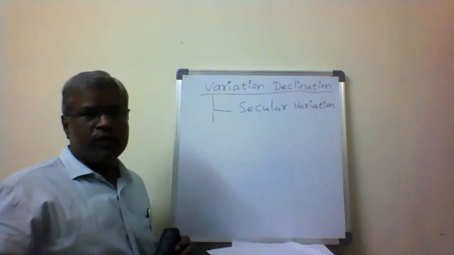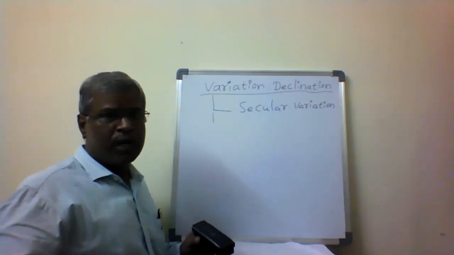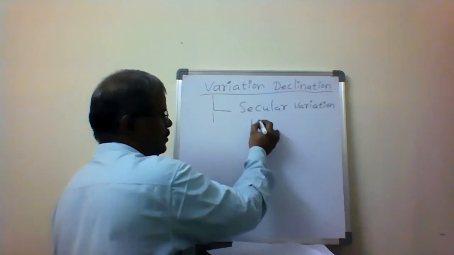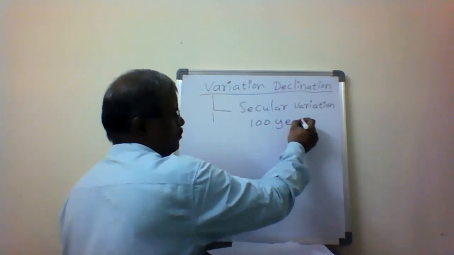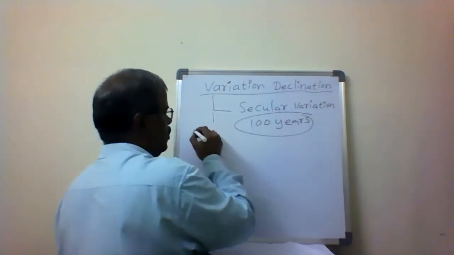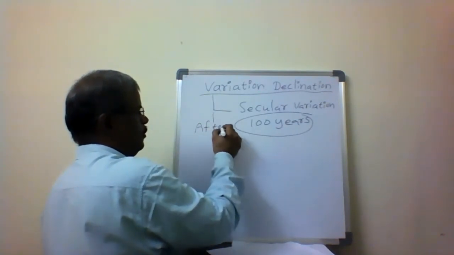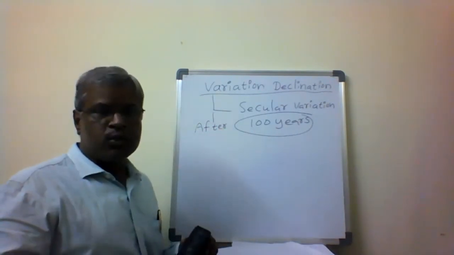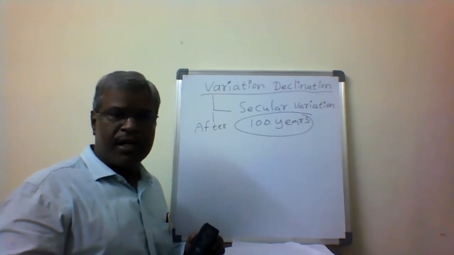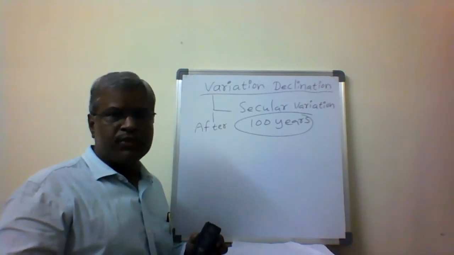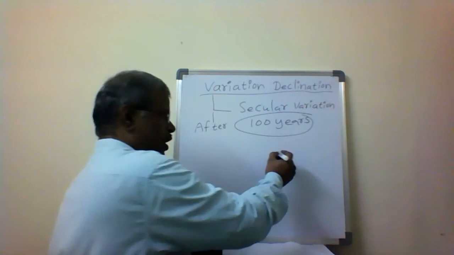So what is the secular variation? Secular variation occurs after 100 years. After 100 years, the magnetic meridian swings like a pendulum.